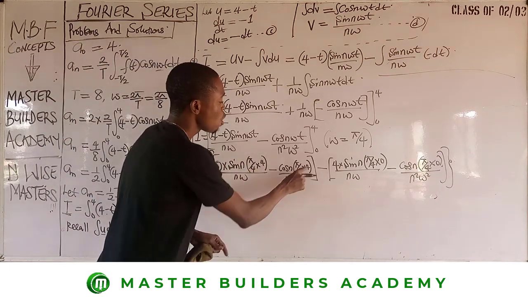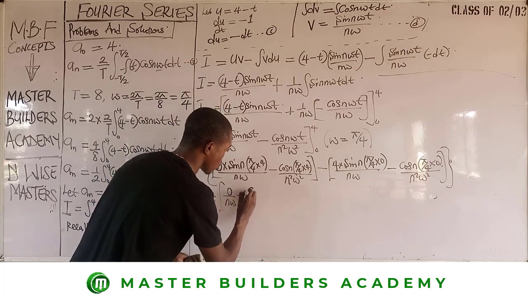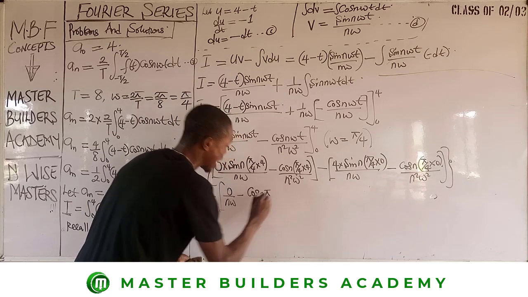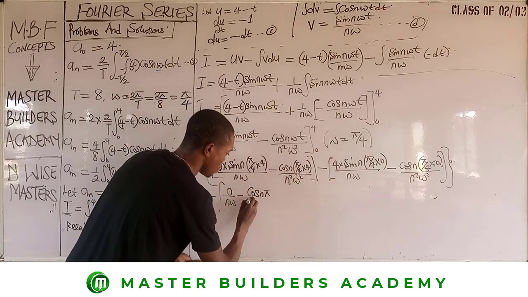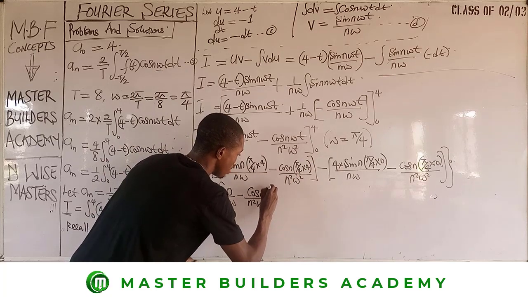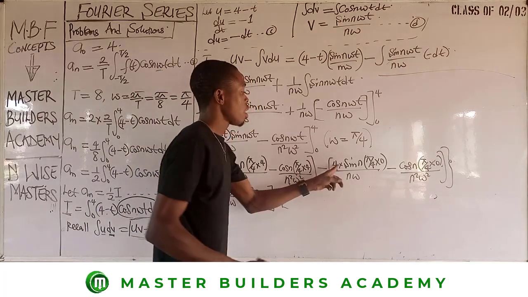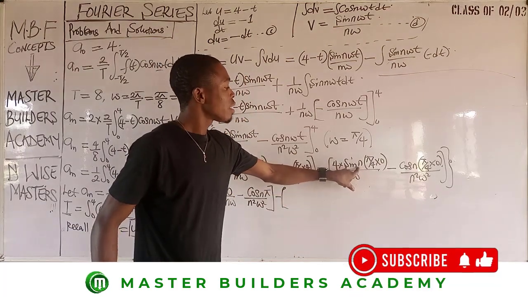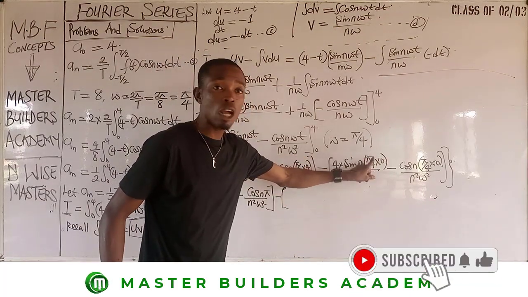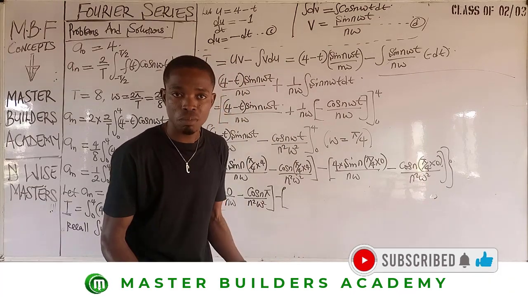Then for this, 4 multiplied by 4, 4 cancels 4, we will have this as minus cos n pi. This is what is left here. 4 will cancel 4. n squared omega squared. Then minus this 4. Now, if you multiply pi over 4 by 0, anything multiplied by 0, guys, is 0. Right?